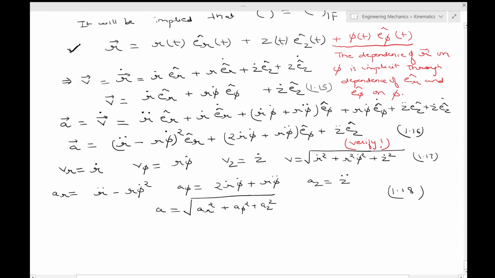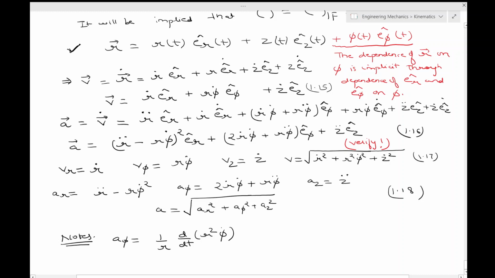Now let's say that if your A phi is, some sort of note which you can take from this is that you have A phi is equal to 2 r dot phi dot plus r phi double dot, or you can write it as 1 by r d by dt of r square phi dot.